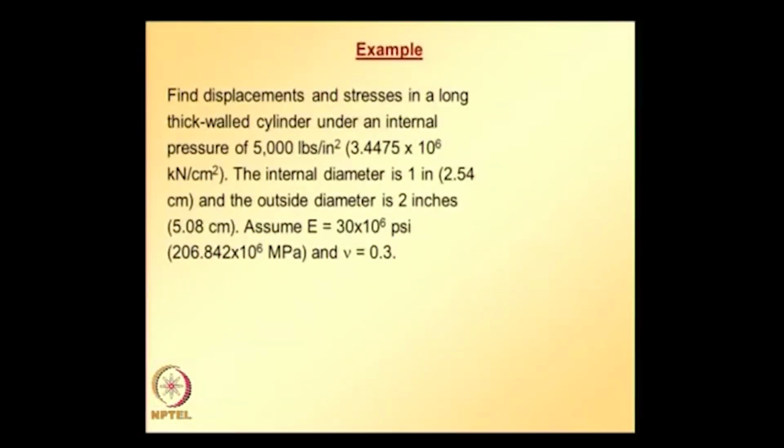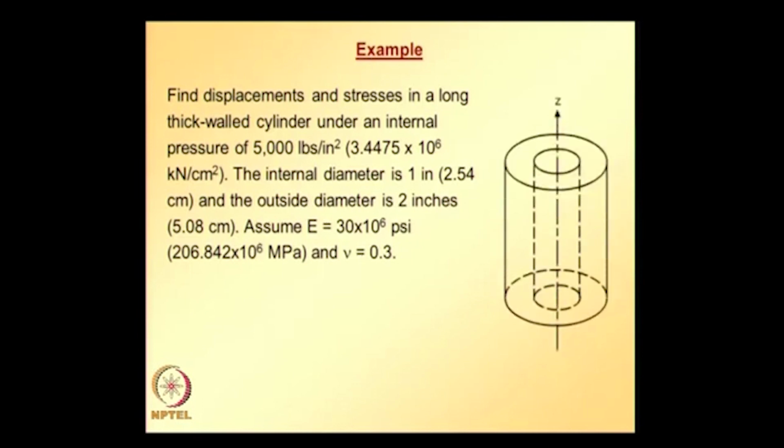The problem statement is as follows: find displacements and stresses in a long thick cylinder under internal pressure. Internal diameter value is given and also outside diameter value is given, and material properties are specified.